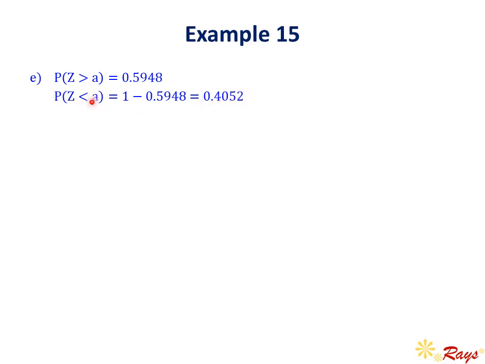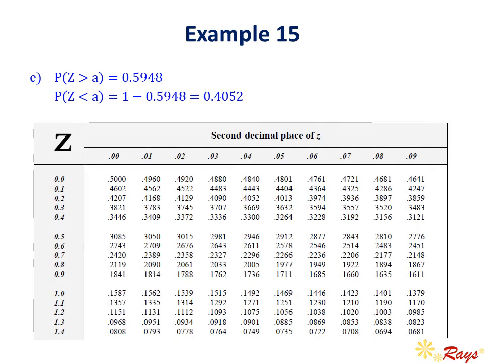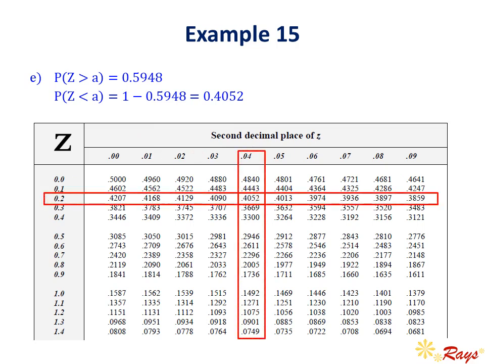And we know that A here is on the left, so A must be negative. So probability 0.4052 is here. Therefore Z, or A, is 0.24, but because it is on the left, A is negative. So A is equal to negative 0.24.